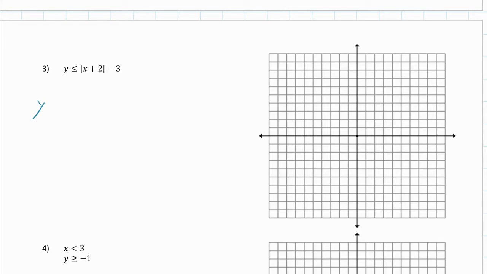I'm going to split this into y is, well, the borderline of this would be x plus 2 in parentheses minus 3, or negative x plus 2 minus 3. And okay, so that takes care of the absolute value.